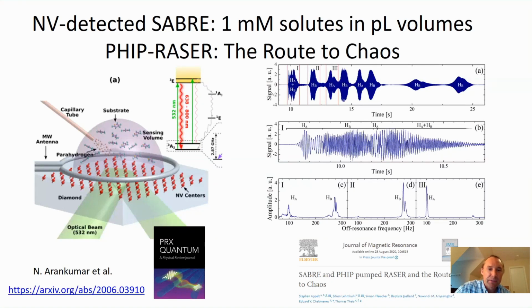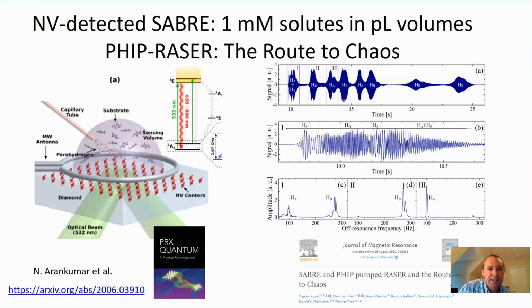The other thing I want to mention, since we're in the ZULF talk, is that these NV detected experiments were done at 6.5 millitesla, because SABRE is very effective at 6.5 millitesla.